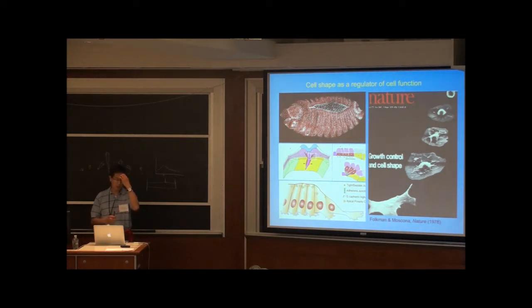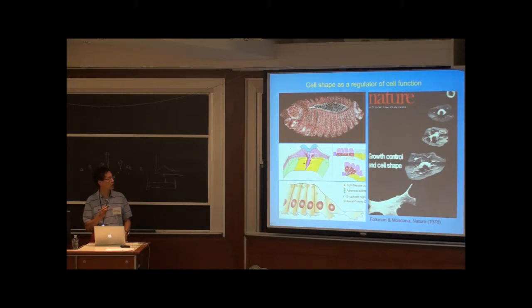So I thought what I would do is just tell you a very, very short story about some of the tool use that we've had with this. One of the areas that my group is studying is how cell shape regulates cell function. And the reason why we're interested in this is in the context of development. This is a Drosophila embryo.